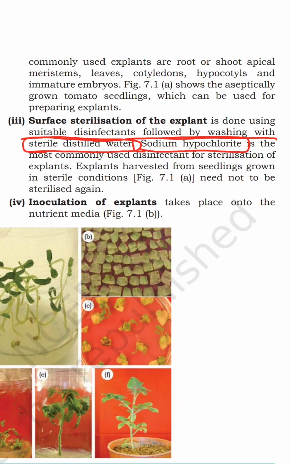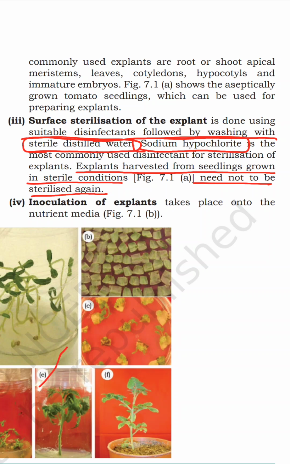Although we first sterilize the nutrient media, after that we take the explant and sterilize it also. Explants harvested from seedlings grown in sterilized conditions need not be sterilized again.